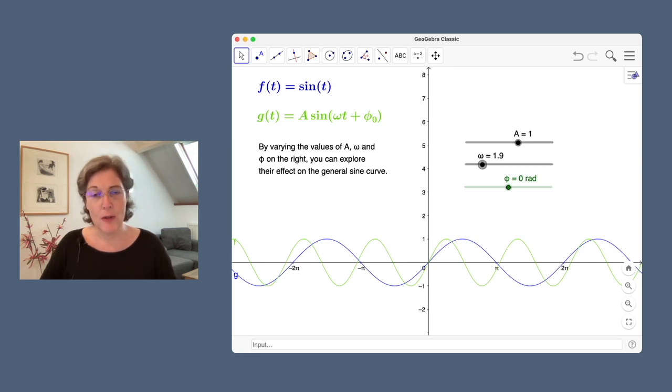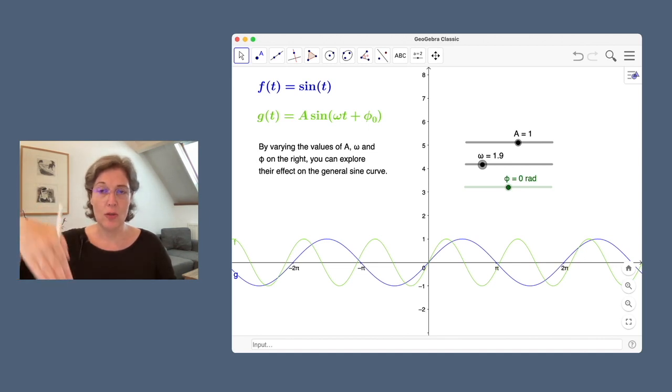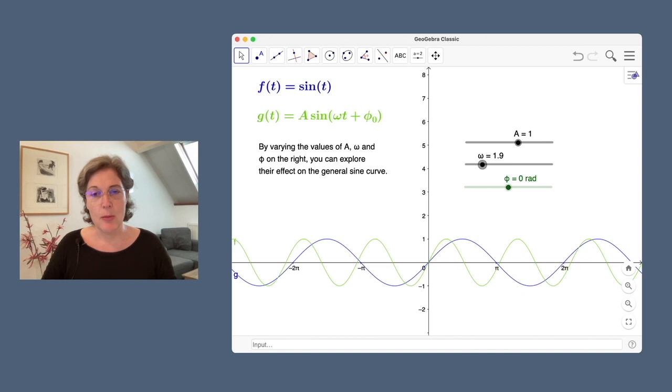And that's what the angular frequency does. It measures how many complete oscillations, so complete up and down and up again, of our function are completed within a time of 2 pi. So you'll see the more I increase my angular frequency, the more complete oscillations I get between 0 and 2 pi.